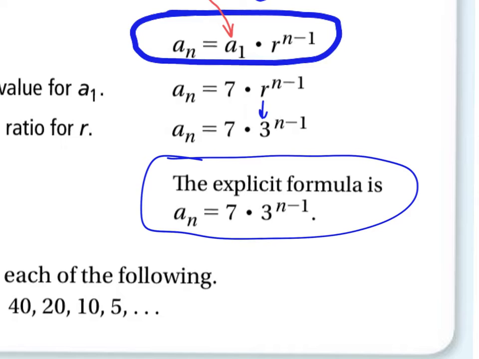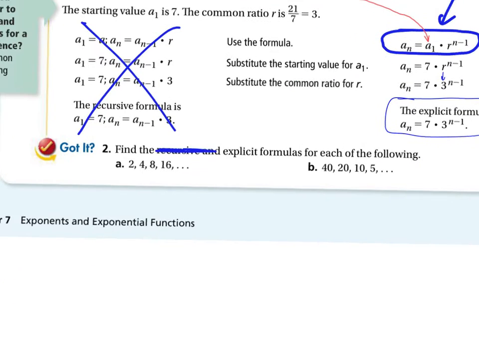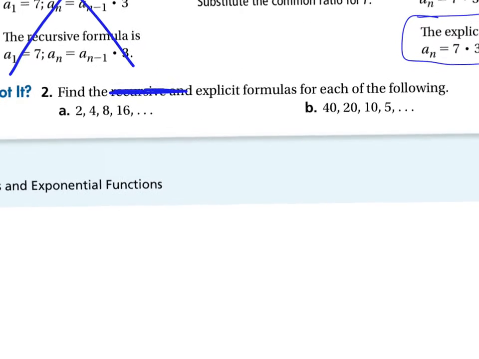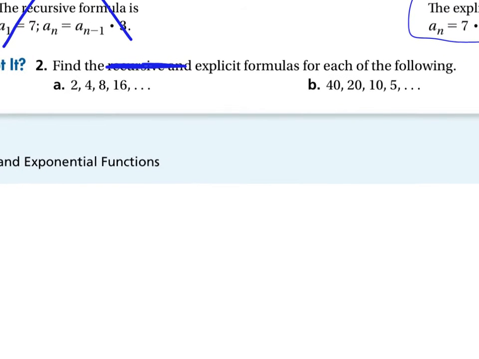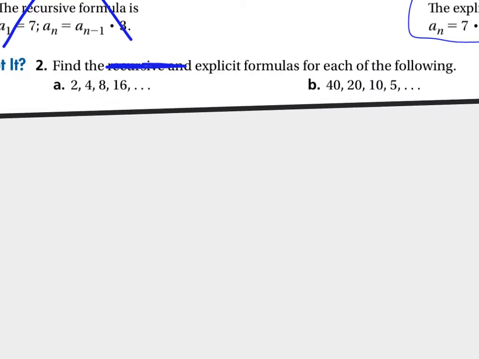So if they said what's the 100th term in the sequence, we could just substitute 100 in place of n instead of having to keep multiplying by 3 and write all these numbers, 100 numbers out. We can actually just substitute that in. We'll talk more about that in a little bit. So the "Got it," again, we're not going to worry about recursive, but let's find the explicit formulas for these geometric sequences.